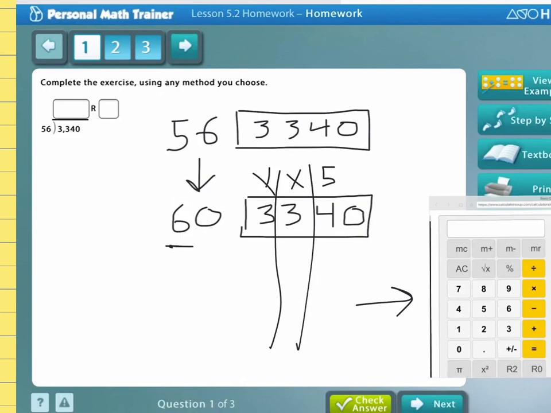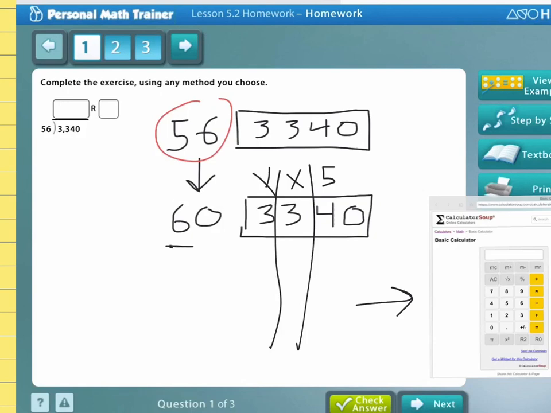I'm going to go back to my original divisor of 56 and multiply 56 times 5. Let's see what that equals. That's going to equal 280.